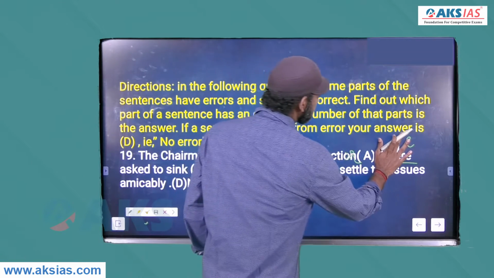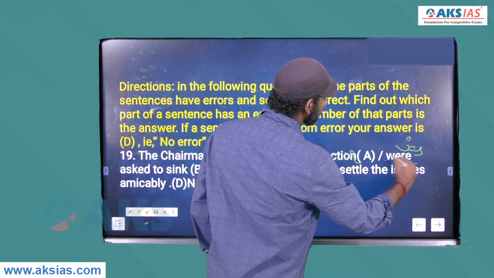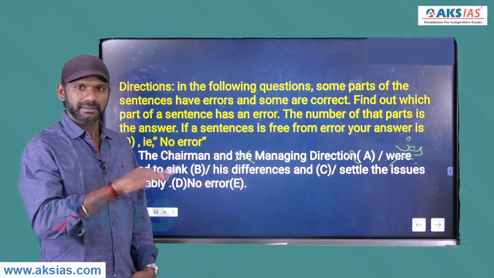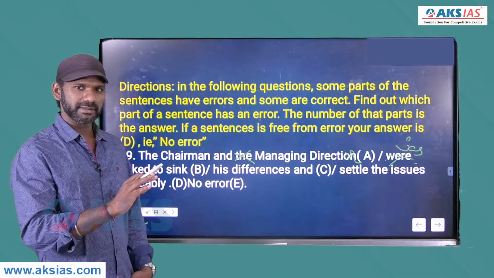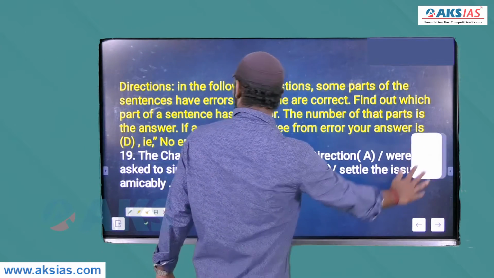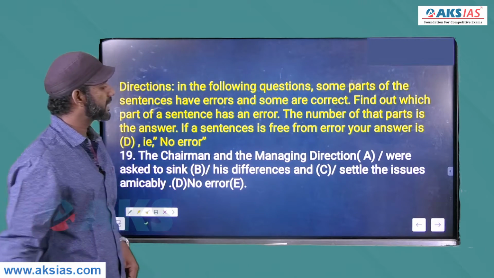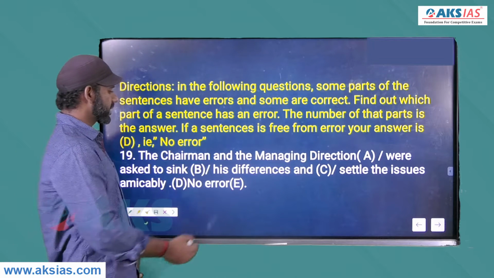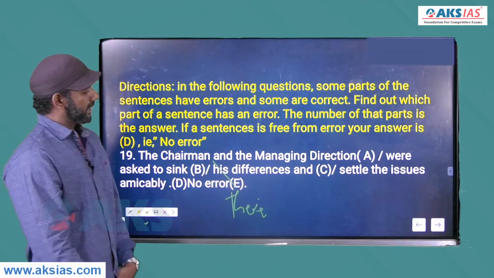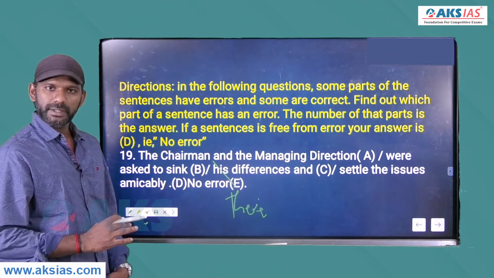Then the error must be in part B: was asked to sink his differences, but the rest of the sentence will not fit actually. So in the given sentence, the answer must be part C. The chairman and the managing director were asked to sink their differences and settle the issues amicably.